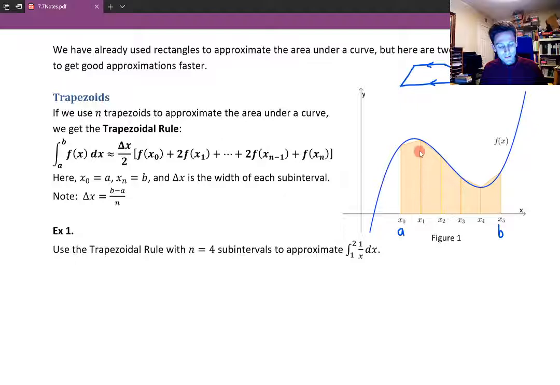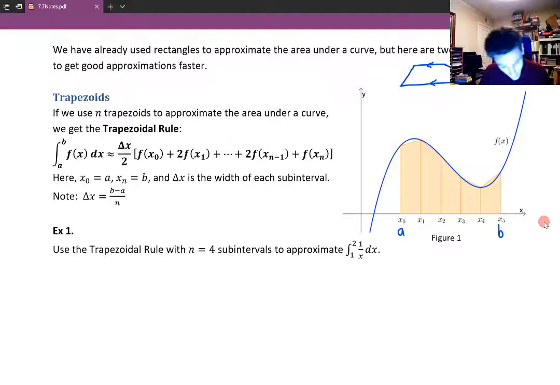That's the length of the other side of the trapezoid. What we're going to do is come up with the area of each of these trapezoids, add them all up, and then find a formula for approximating the area under the curve.